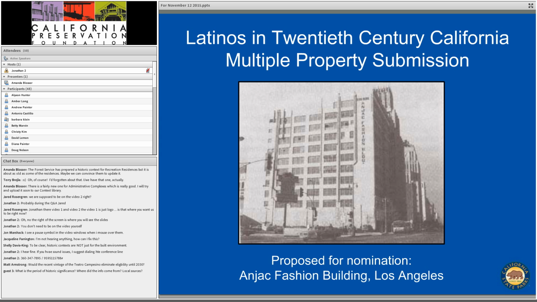And so, again, I showed you an example earlier of that very, very brief significance statement because the broader context had already been established. So if someone were to come and try to nominate this building, the Anjac Fashion Center building, all that context has already been done, and it would really take very little effort to spell out the context. We would expect to see a description of the building, a brief description of what happened here, and then simply referring to the broader context spelled out in the multiple property submission.